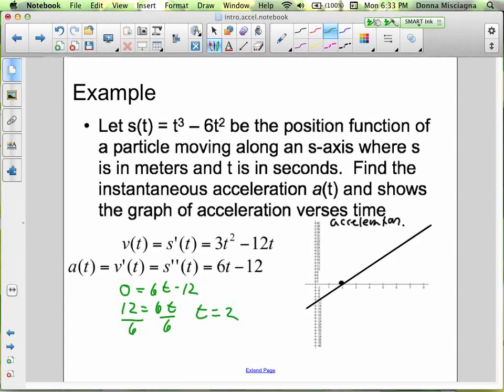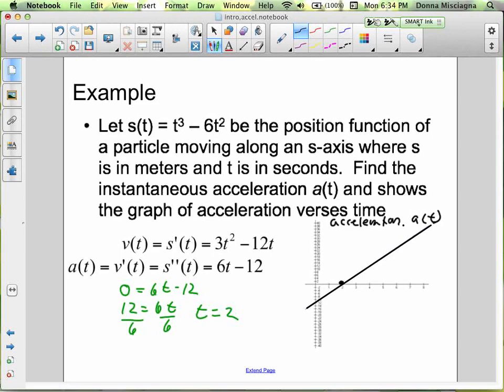So if we look here at our graph, here is the graph of our acceleration function. This is a of t. It's just a linear function, 6t minus 12. At 0 seconds, the acceleration is negative 12.